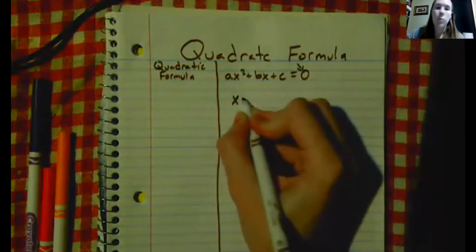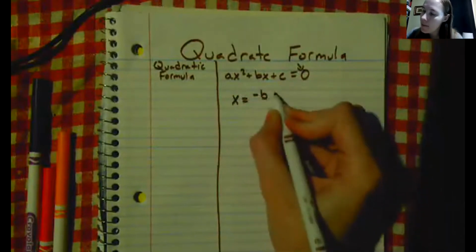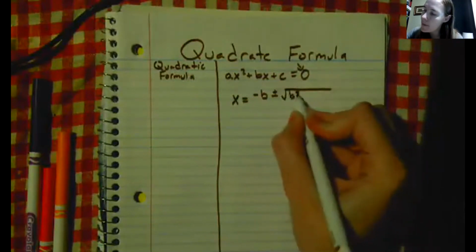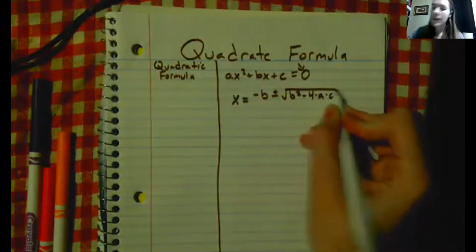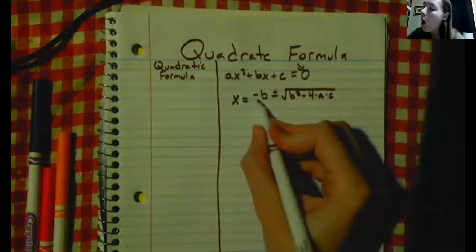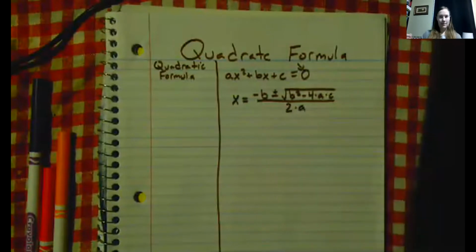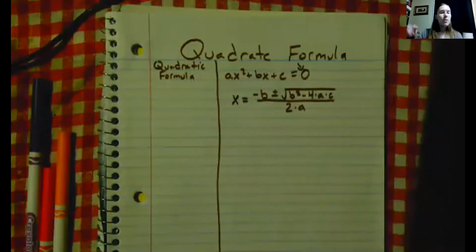It's x equals, and this is a long thing, negative b plus or minus the square root of b squared minus 4 times a times c, all over 2 times a. So I'm going to play a really annoying song for you like 20 times, so we'll be able to remember this. So that's how you find the x's. So your zeros is by using this quadratic formula.